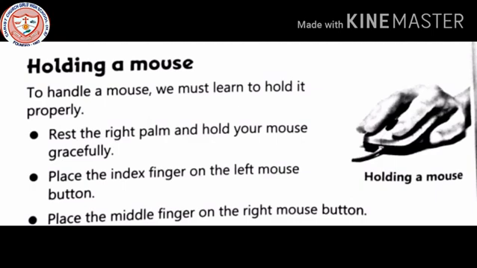Place the index finger on the left mouse button. While you are placing your right palm, you know which one is left and which is right. Place the middle finger on the right button, and the index finger on the left button.